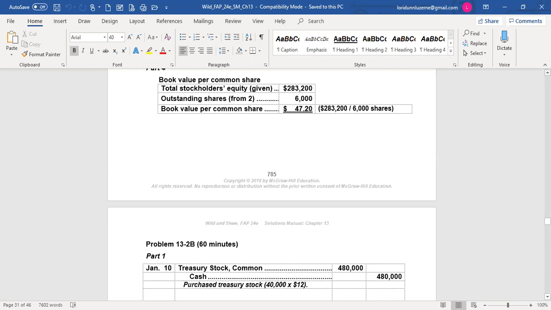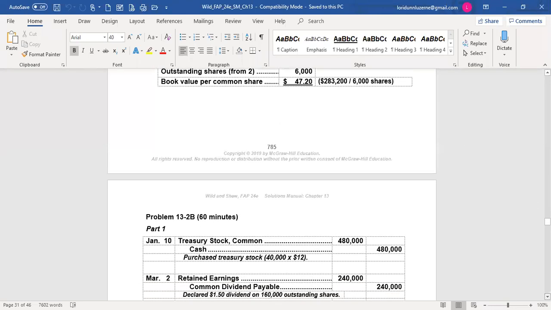That's important because on March 2nd, the Board of Directors declares a $1.50 per share cash dividend payable on March 31st to the March 15th stockholders of record. There's only one type of stock here, common stock. But watch what happens.